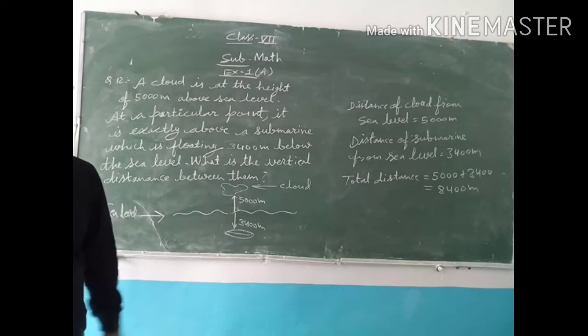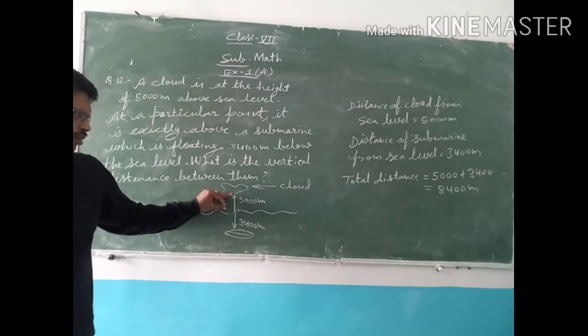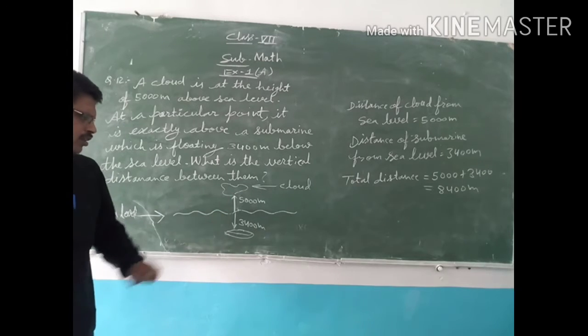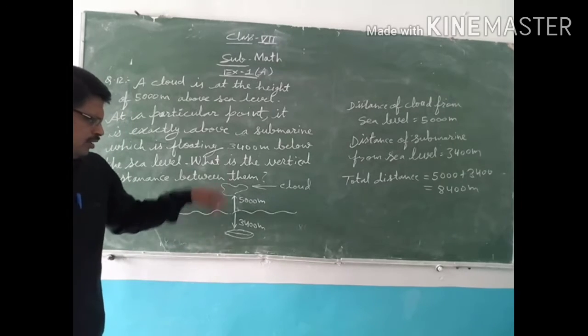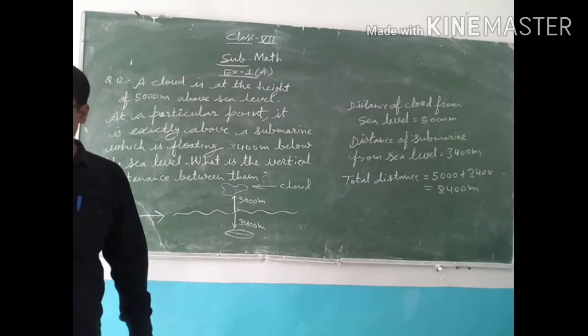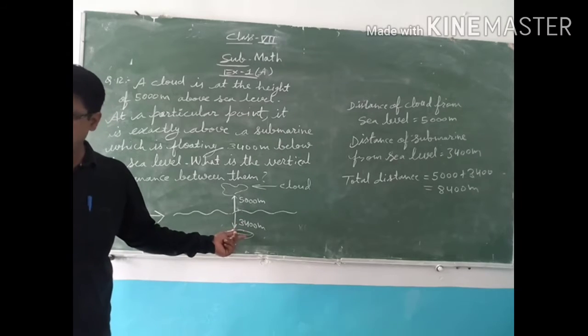So how to find the total distance between this and this? This plus this. And if we take it in the form of integers, this is 5000, this is minus 3400, and what is the difference? Means 5000 minus bracket minus 3400, ultimately it would be positive.